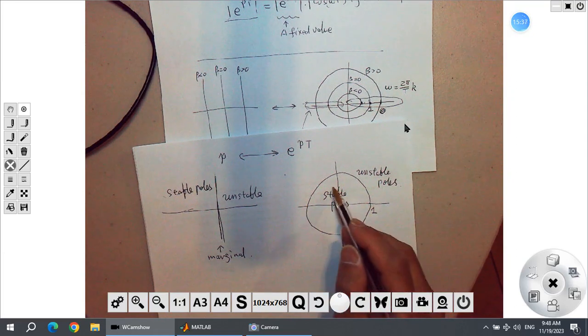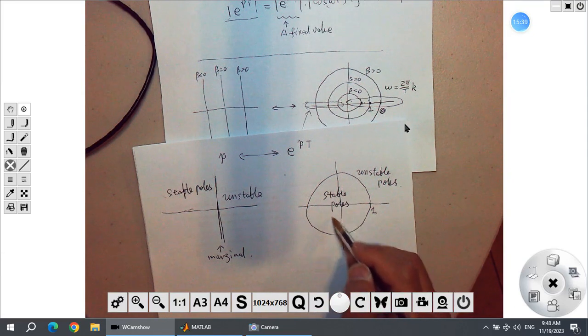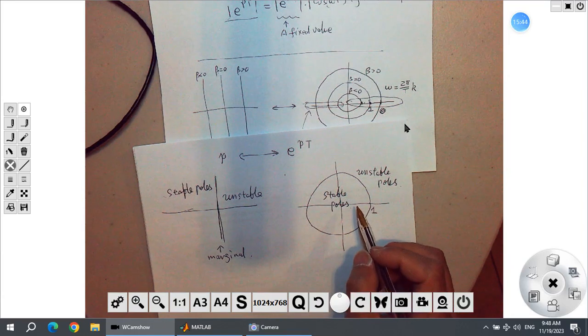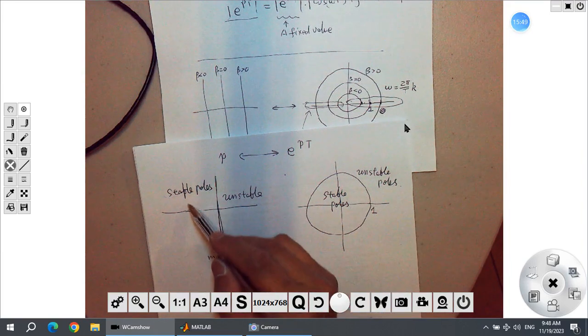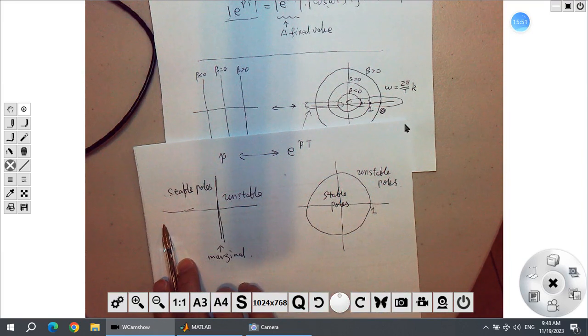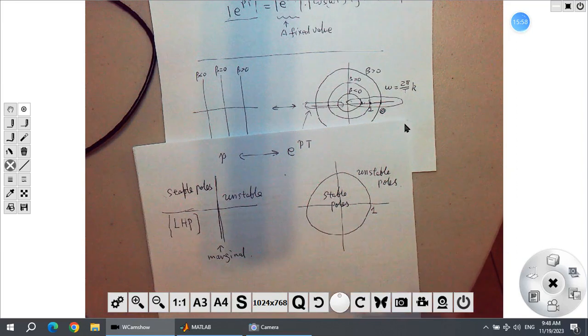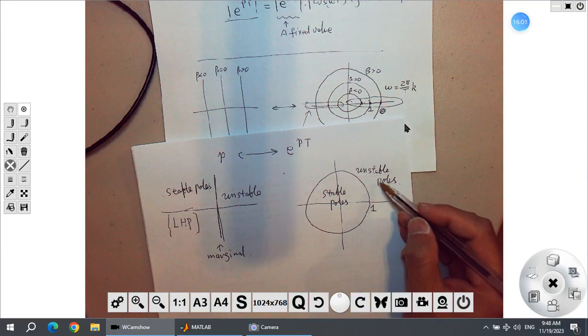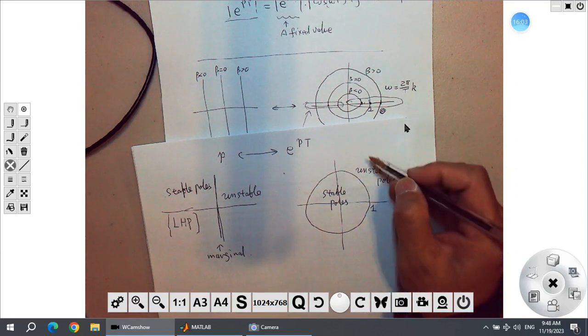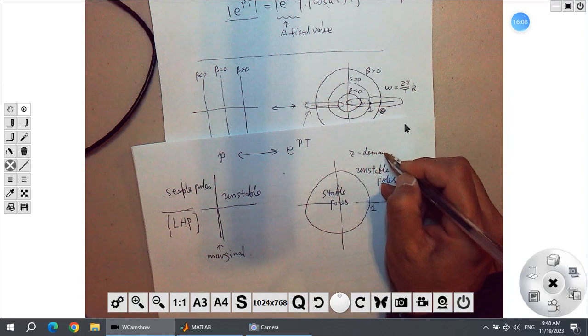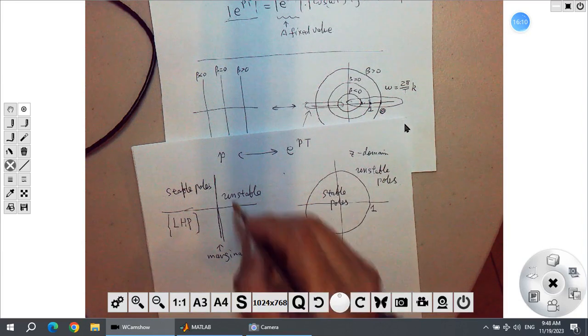If all the poles are located inside the unit circle, then the system is stable. This is similar to the continuous-time system, where if all the poles are in the left half plane, it is stable. If the poles in the Z domain are outside the unit circle, then it is unstable. This is the Z domain, and this is the S domain.